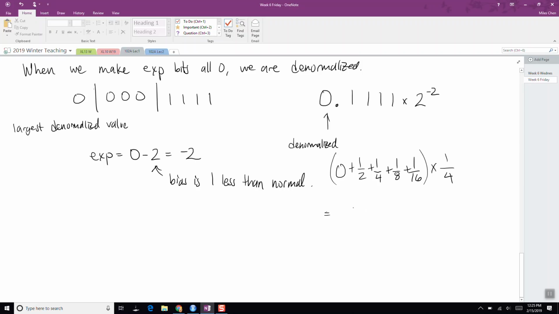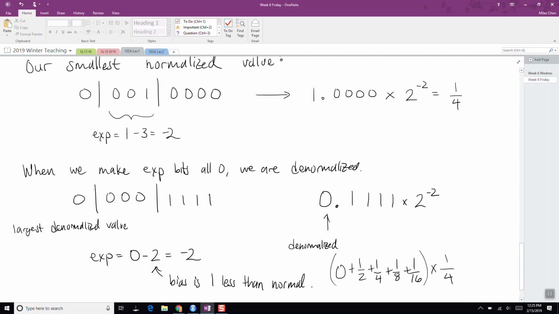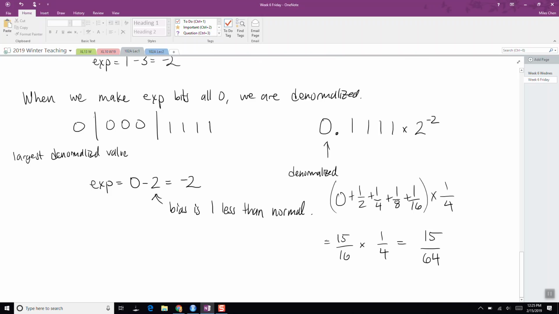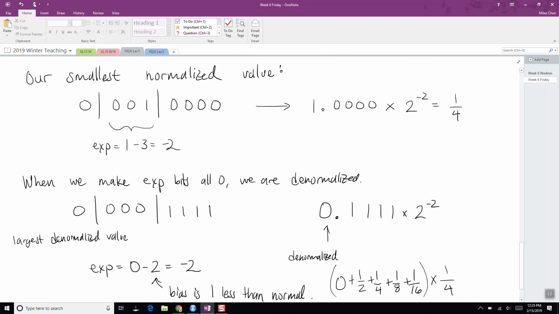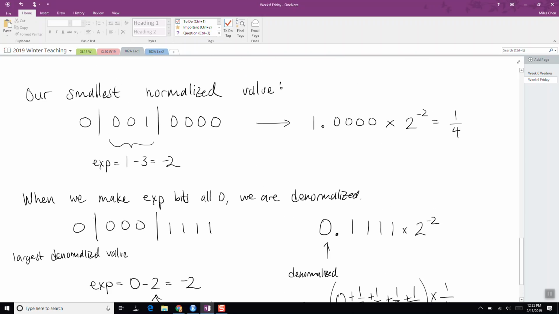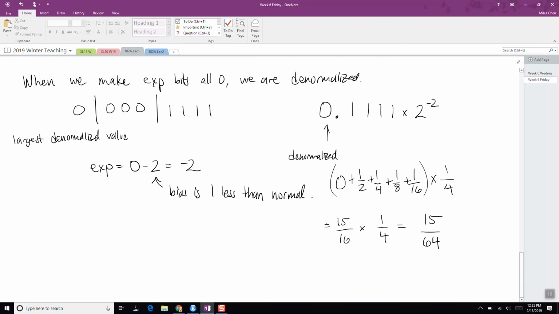So here I have 15 sixteenths times 1/4, and so we get 15 64ths, okay? Which is very close to 1/4, but just a tiny bit smaller, okay? So the smallest normalized value I have is 1/4, and then the largest denormalized value I have is 15 64ths. Is that okay?